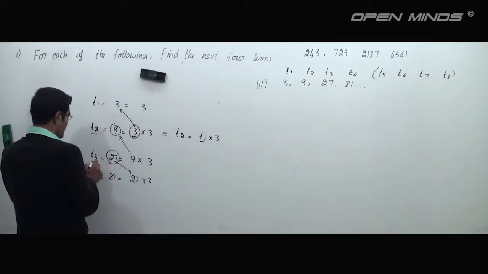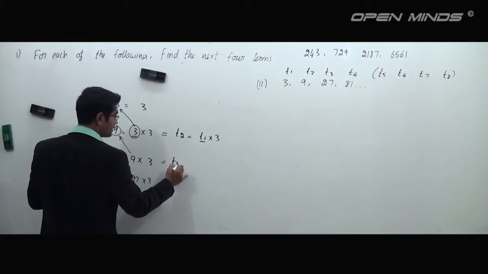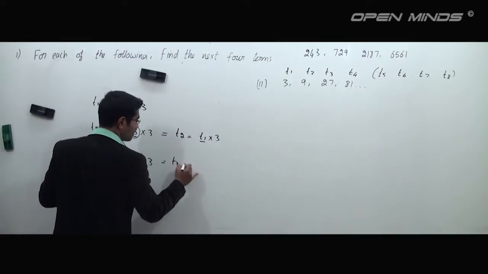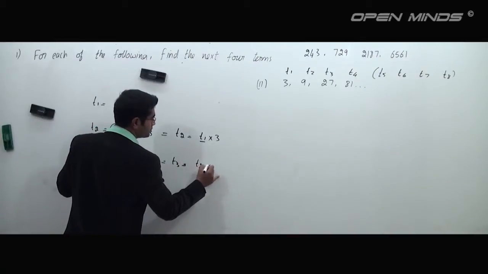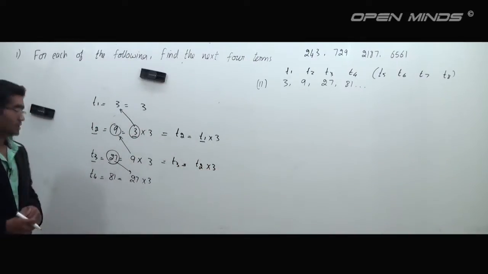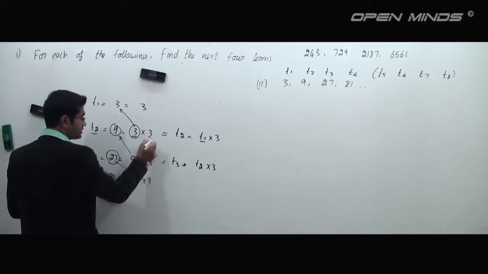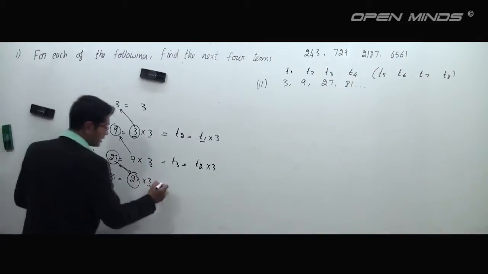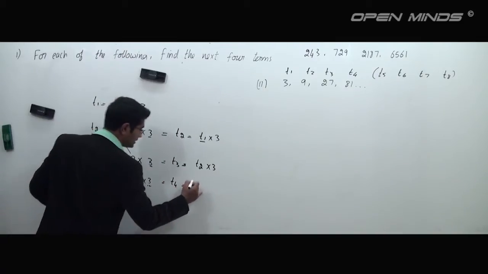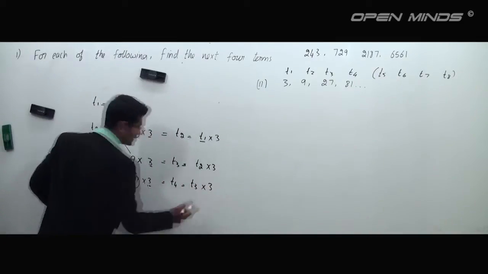Then again, what is T3? T3 can be written as 9. 9 is nothing but T2. I know the value of 9 is T2 into 3. That's it. Right, this 3 is constant. I don't have to change this guy, but this guy is just the previous term. So T4 is nothing but T3 times 3.